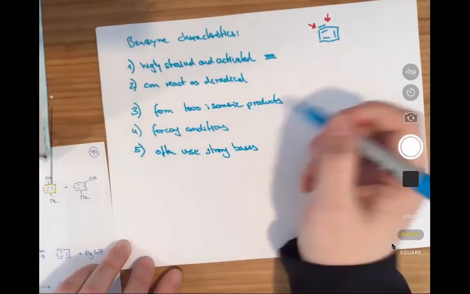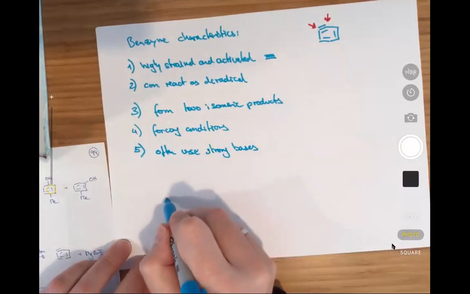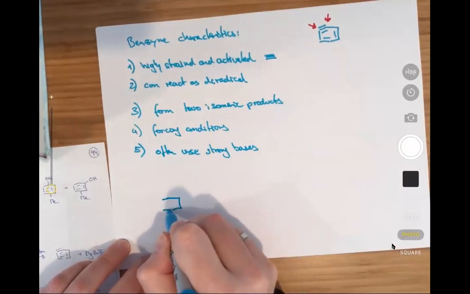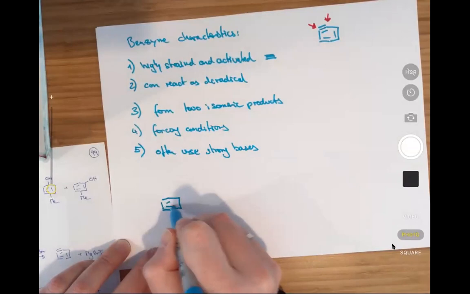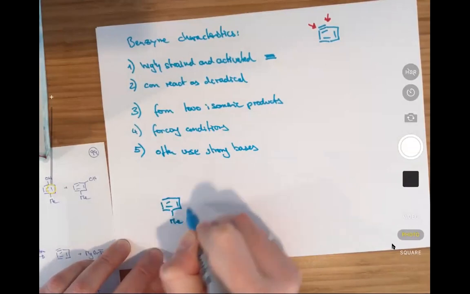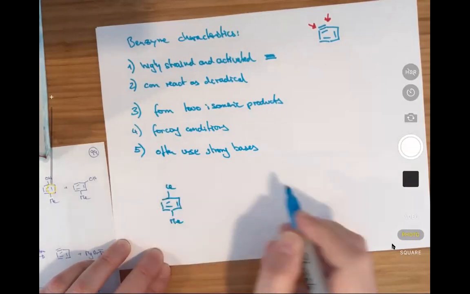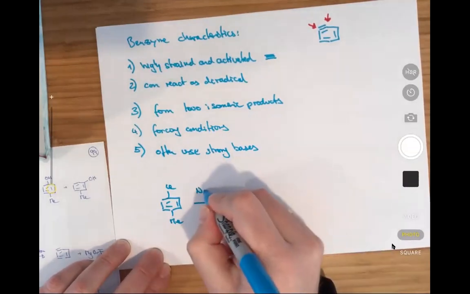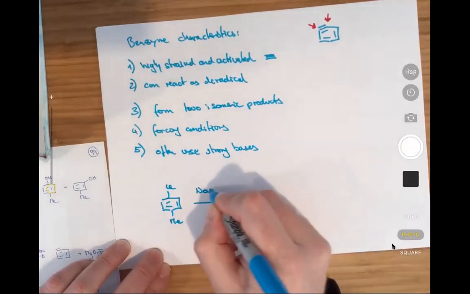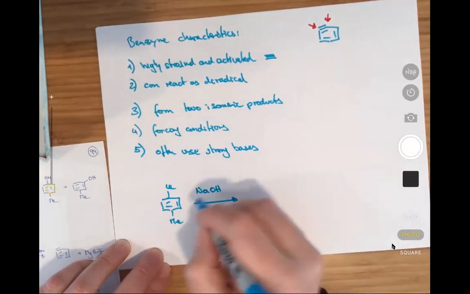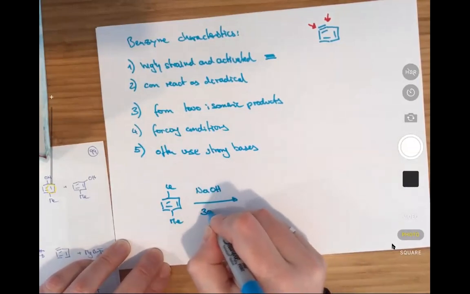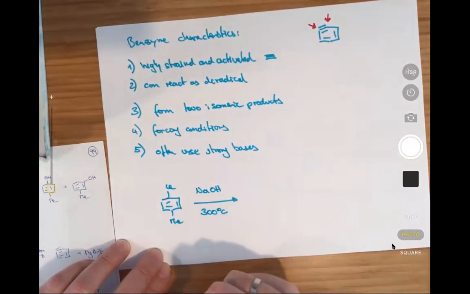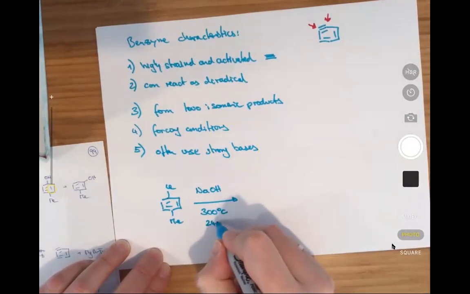A classical example that should immediately raise your suspicion that you're dealing with a benzyne reaction is if you, for example, had something like this and you treated this with concentrated sodium hydroxide at very high temperatures, so 300 degrees Celsius or something like that, for 24 hours.